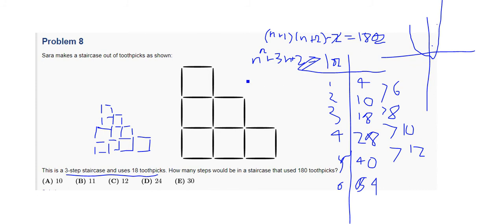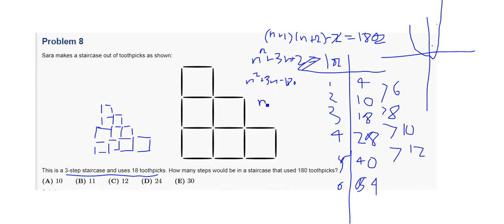Subtract 182 on both sides, you get n squared plus 3n minus 180. Now what we're trying to find is what two factors of negative 180 multiply to negative 180 and add up to 3. Well, negative 12 and 15 do that. Negative 12 times 15 is negative 180. Negative 12 plus 15 is 3.